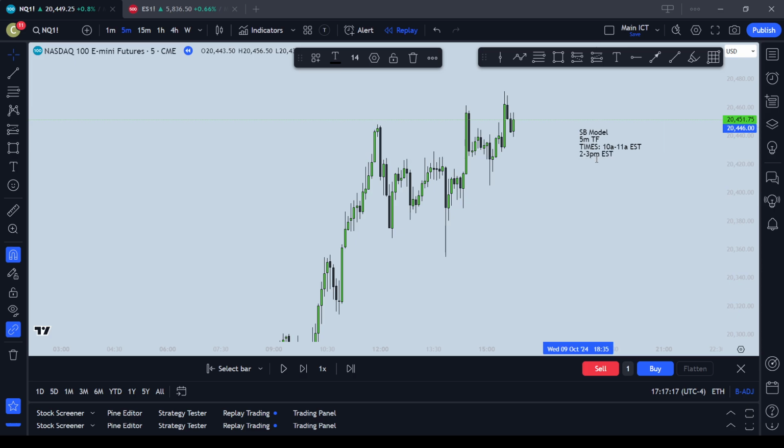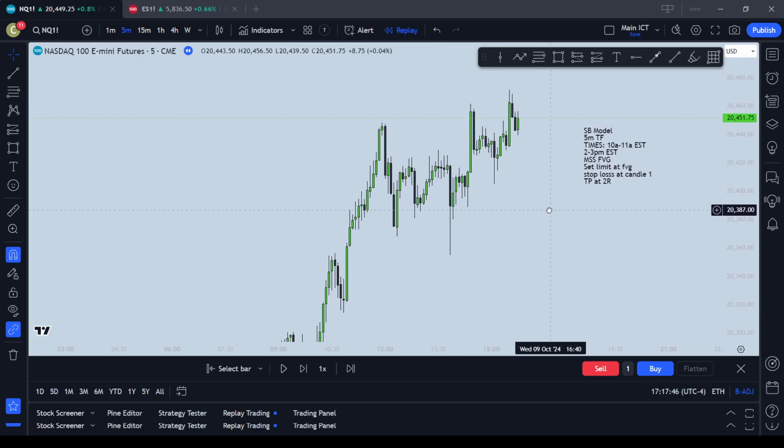On your 5-minute time frame, what are you looking for? You're looking for a market structure shift. You're looking for a fair value gap. At that point, what do we do? We're going to set a limit at the fair value gap, stop loss at candle 1, and take profit at a hard 2R.